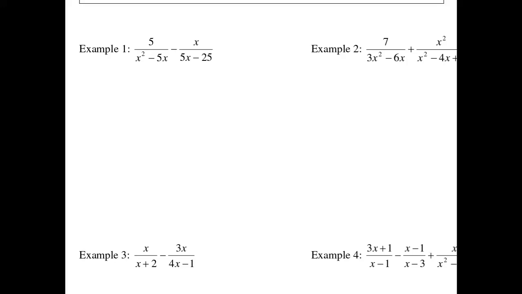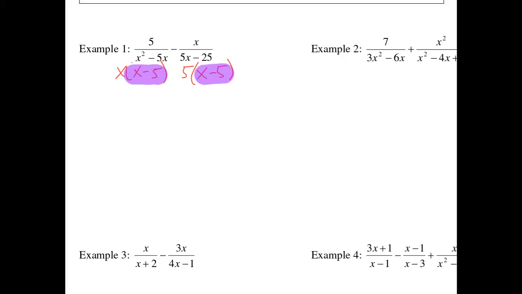So first and foremost, I'm just going to factor each one of the denominators right underneath it. So if we look at x squared minus 5x, we can take out the x. And if we look at 5x minus 25, that also has a GCF. In this case, it's 5. Now grab a highlighter and notice here that they both have a factor x minus 5.